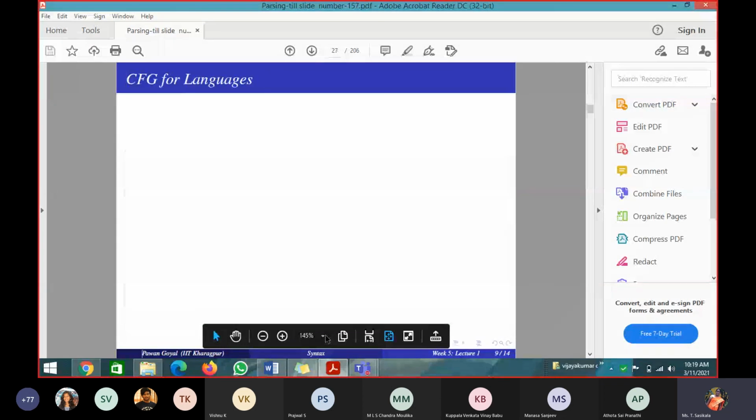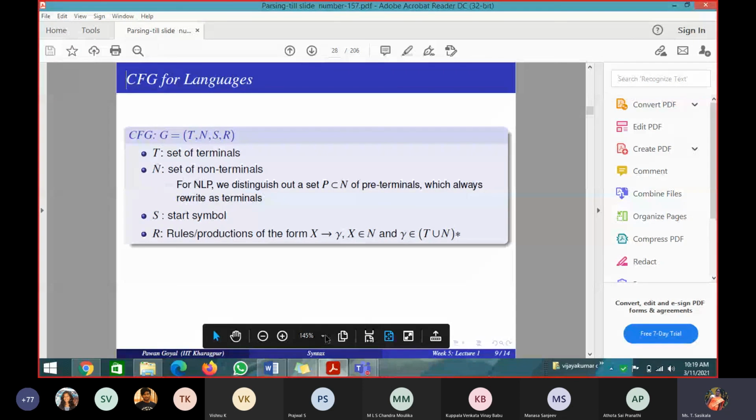So the production rule is of the form X implies gamma, where X belongs to N, that is, the set of non-terminals. X, that is the left hand side, should not be a terminal. You write it: X should be a single non-terminal. It's not a collection of non-terminals. It should be a single non-terminal that derives the RHS.